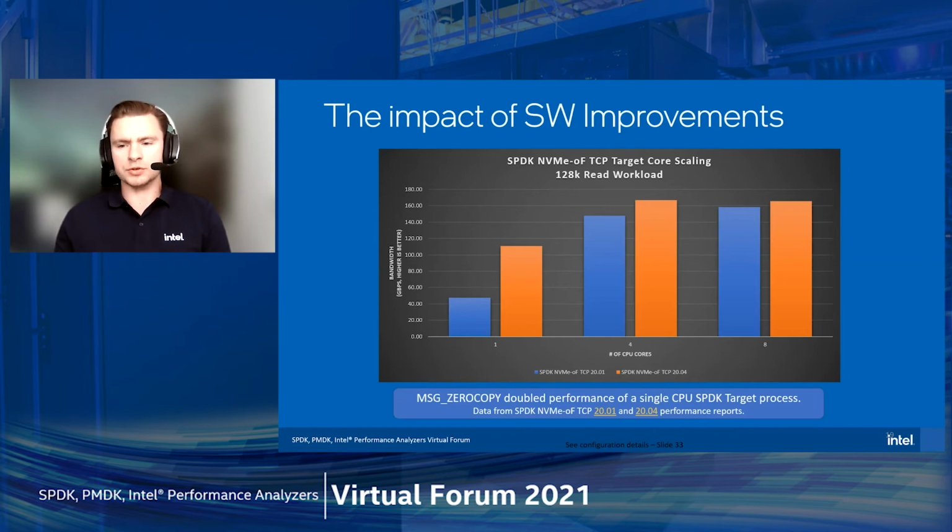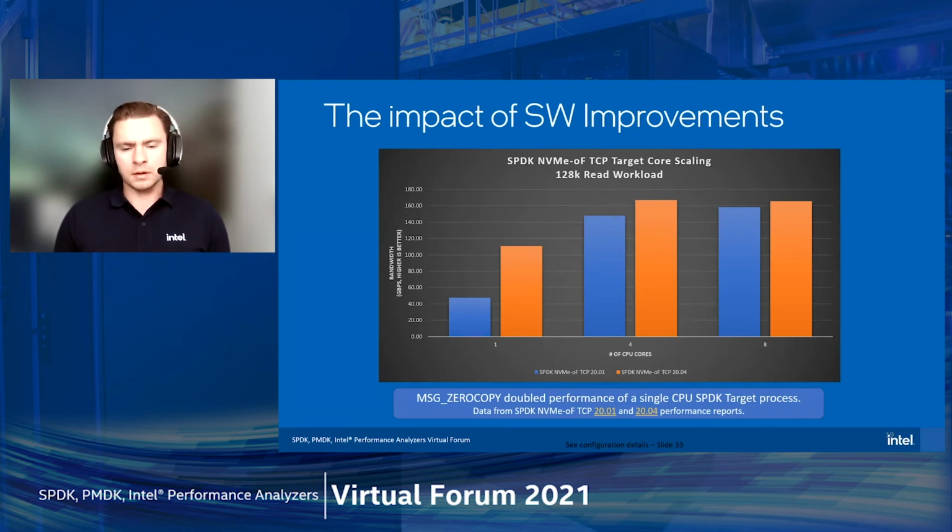In the previous section, John has mentioned testing new features and our own code changes as two of the reasons why we do frequent performance reports. And I think this chart serves as a good example of that. The blue bars here represent the SPDK 20.01 release, while the orange bars show the results for the 20.04 release.